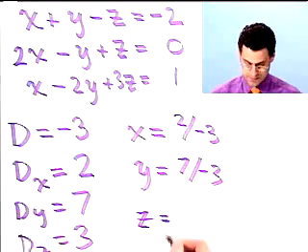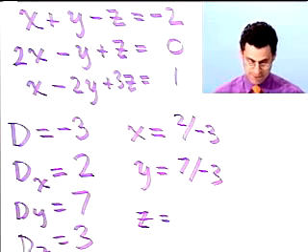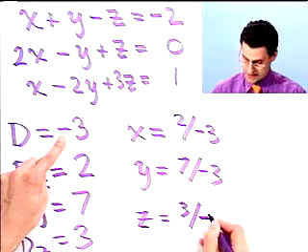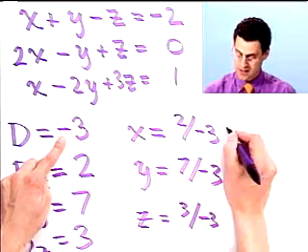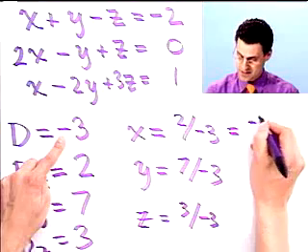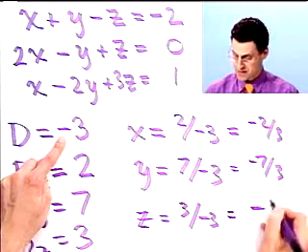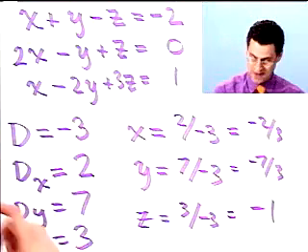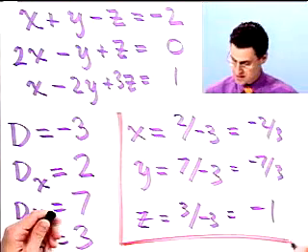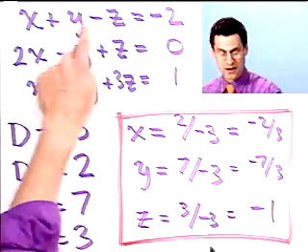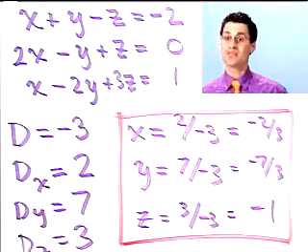And z is going to be dz over d, which is going to be 3 over negative 3. And so I see the solution is simply minus 2/3, minus 7/3, and minus 1. And you can check those answers by just plugging in these values into x, y, and z in each of these three equations and see they're all satisfied.